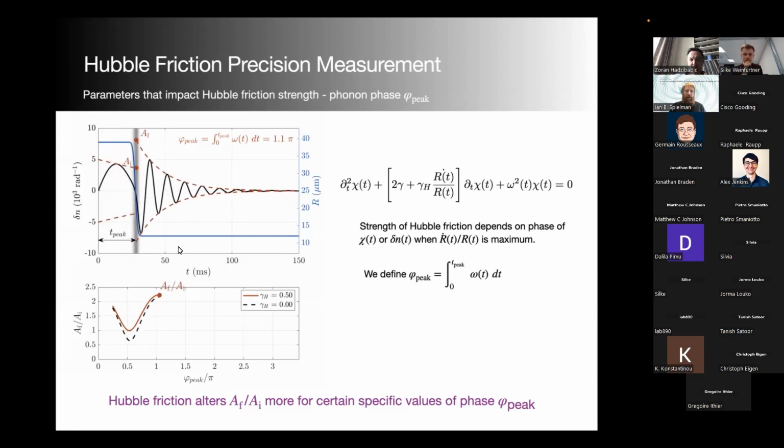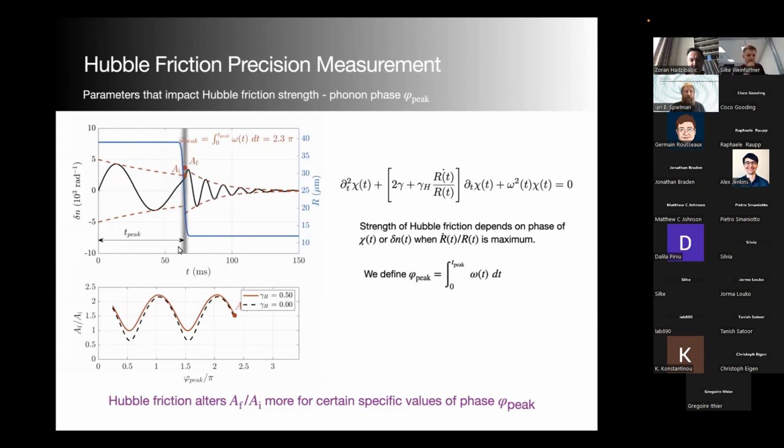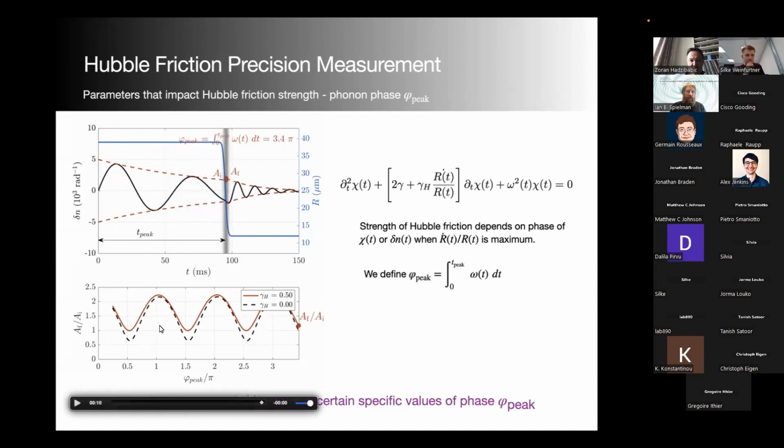So as we move this forward in time, for this contraction experiment, what you're supposed to see is that the ratio between the initial and final amplitude is oscillating as a function of phi, which is oscillating in time. This is giving the information that there's a phase dependence.